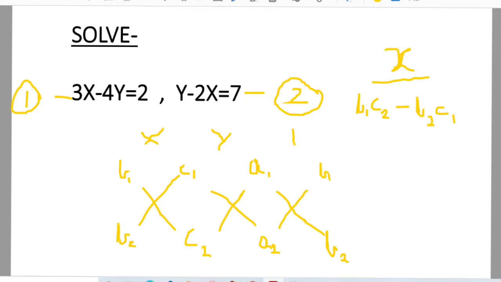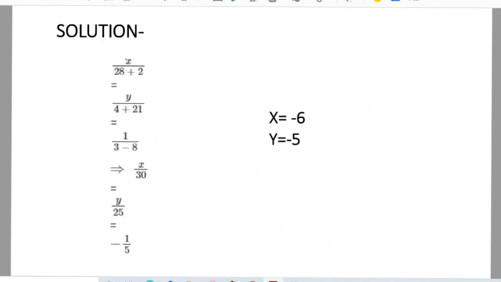Now we will be having three values. So for X, the B1 is -4 and the value of C2 is 7. So when we multiply, it will become X upon 28 plus 2.